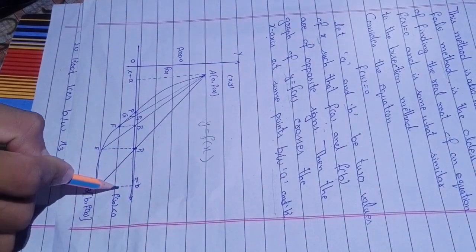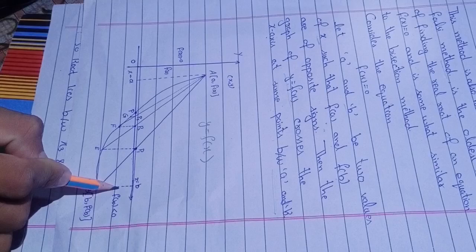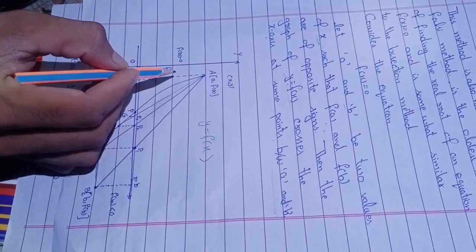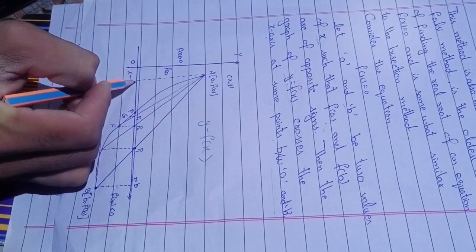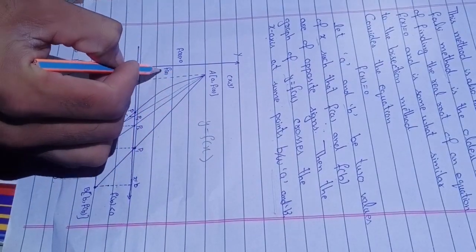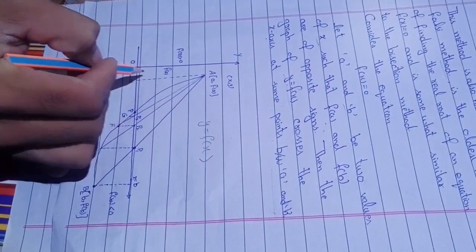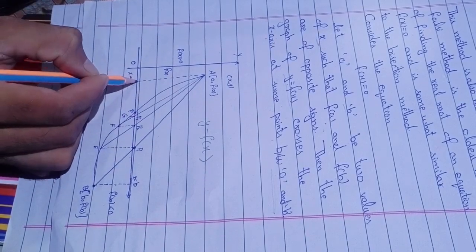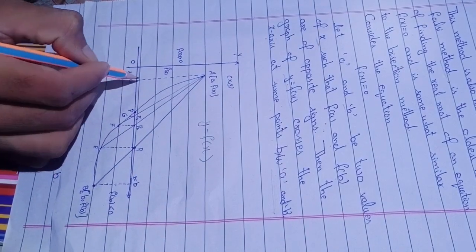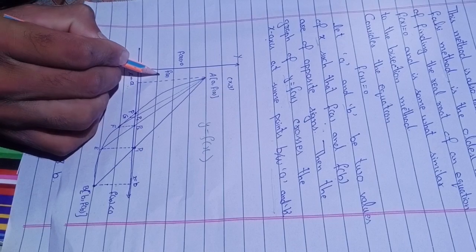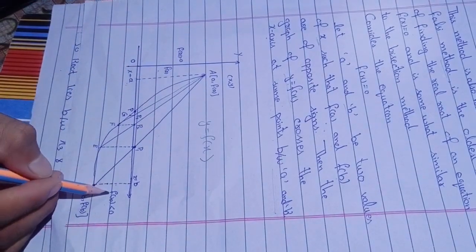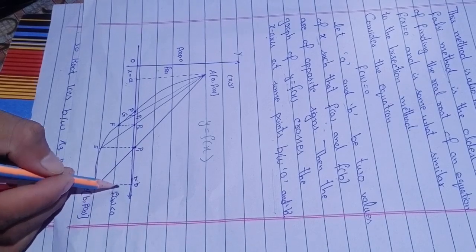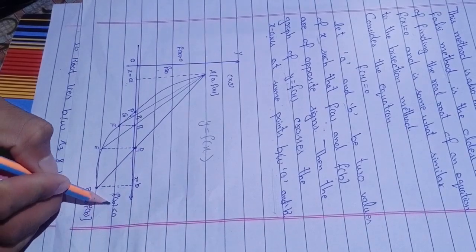These are parallel to the y-axis. This perpendicular is the function of a, at the point x equal to a, and its function value is f of a. Similarly, at the point x equal to b the perpendicular is f of b.